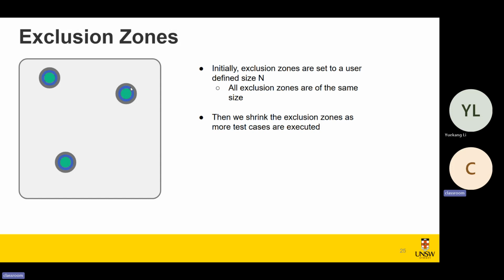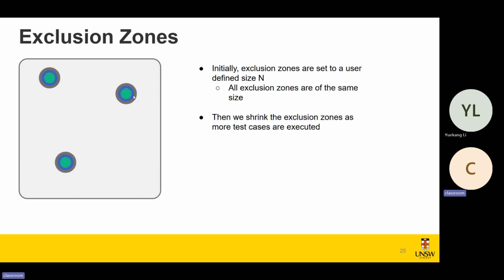Initially we start with the larger zones, the dark gray circles here. We don't select from within these larger circles, and we just select randomly from the other spaces in the input space.